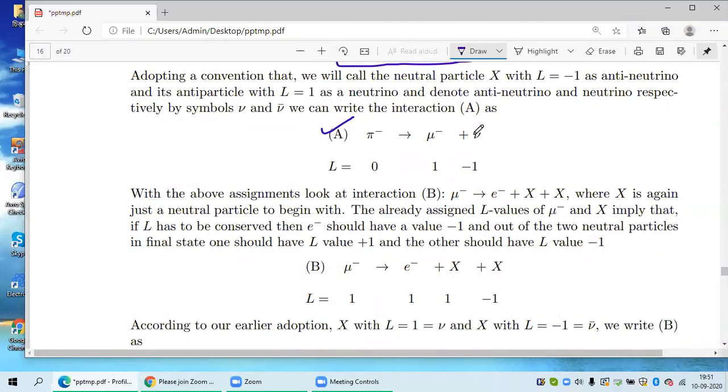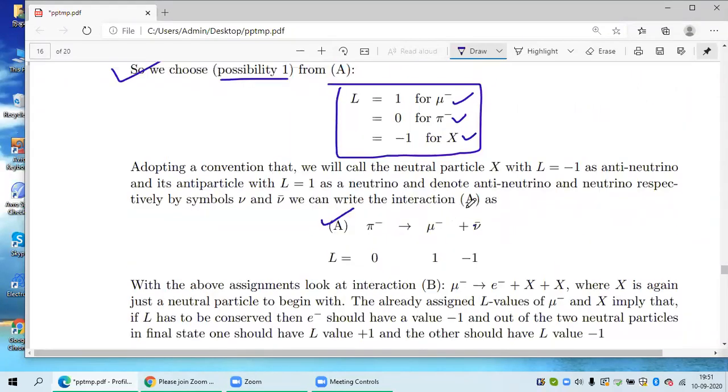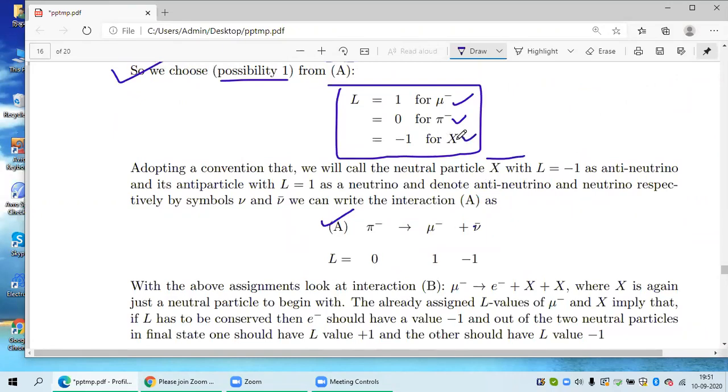So for the time being, this is X. This X has L minus 1, so let us call this X with L minus 1 an antineutrino, and its antiparticle, X bar, which has L equal to 1, we call a neutrino.